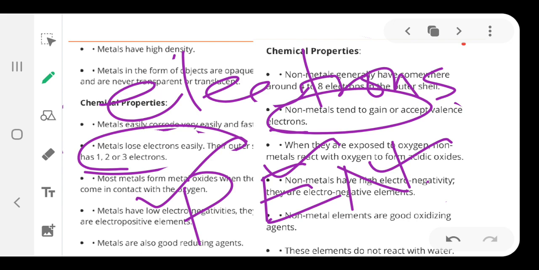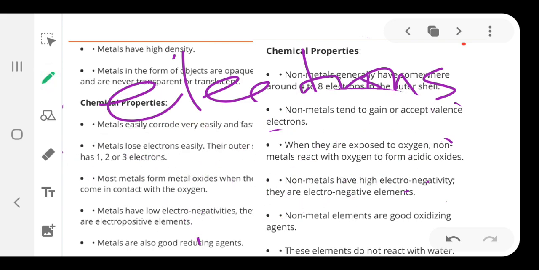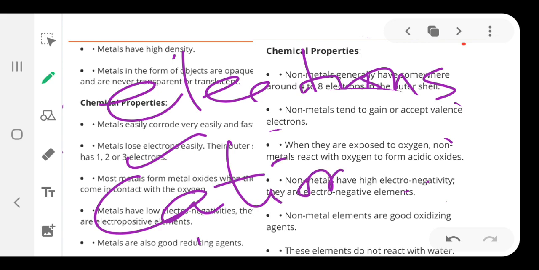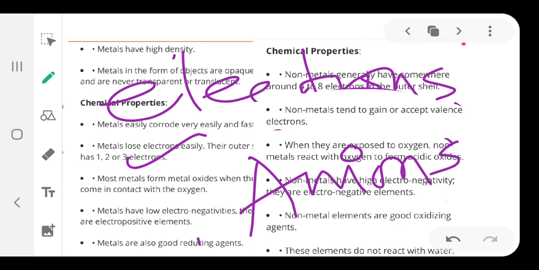For the chemical property, we just know this point, that metals lose electrons and non-metals tend to gain electrons. When metals lose electrons, they form cations, and when non-metals gain electrons, they form anions. These two terms will be used in this chapter also.